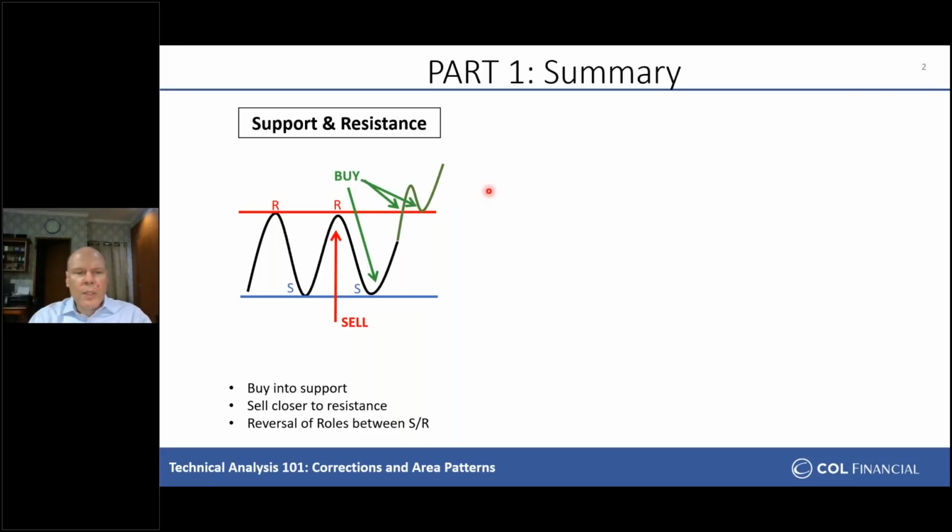So in conditions like this, you might have two more elements to buy into. The first would be when prices rupture above that resistance or that pattern that you see here. And the second is when the price makes a reaction and falls closer to what used to be resistance, now acting as support, and this now carries prices into a new high. So you have three windows of opportunity here.